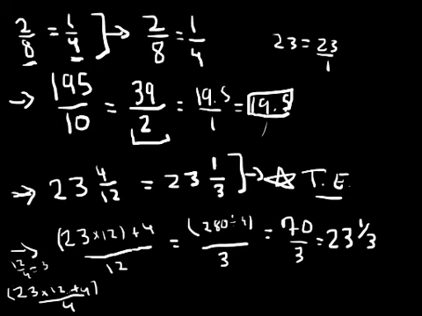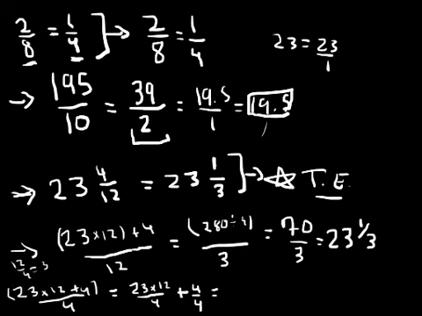Now when it comes to addition with fractions, you can split the fraction up. So essentially you can do this, plus 4 over 4. And you can choose what you want to divide by 4.